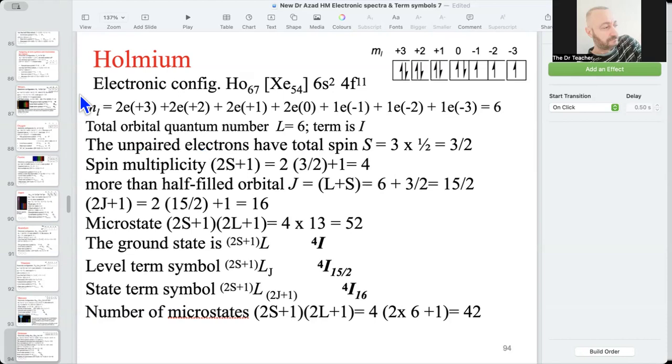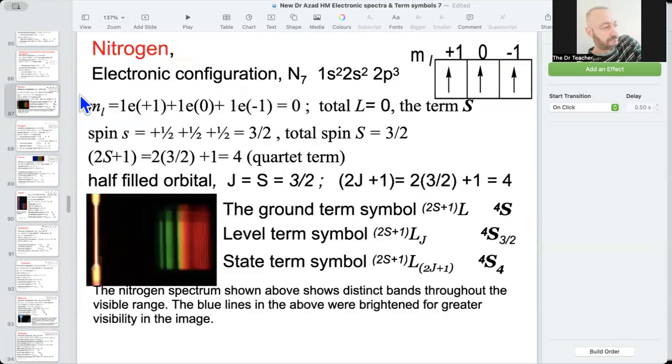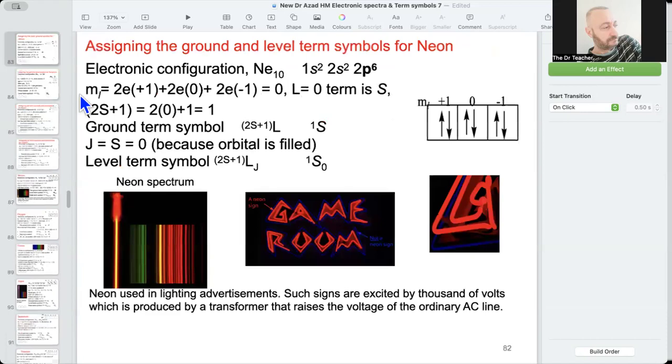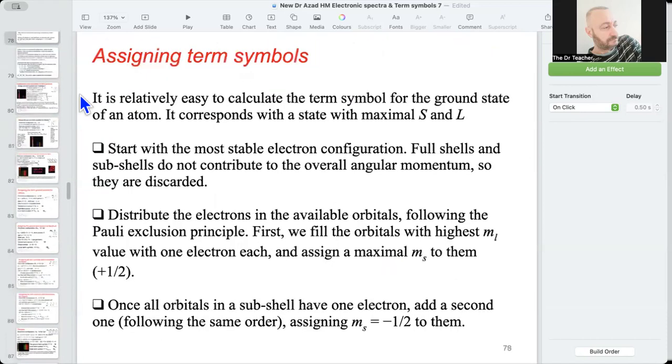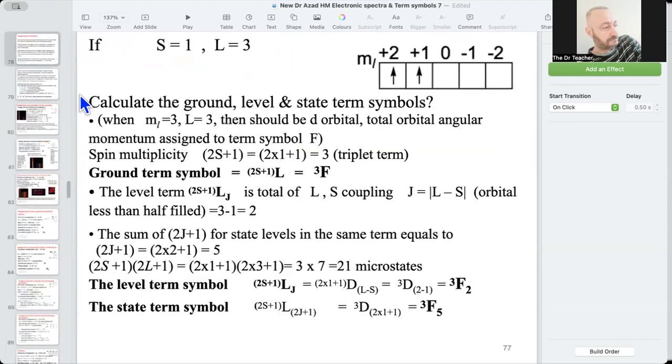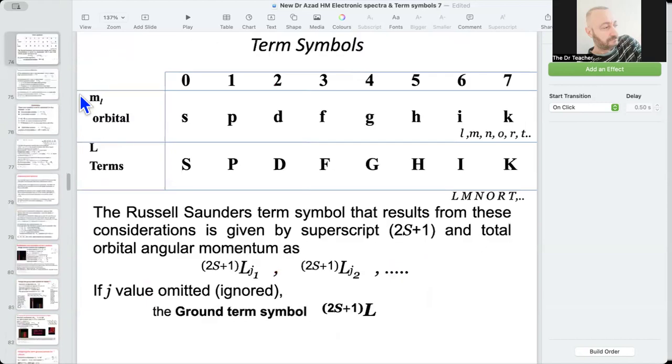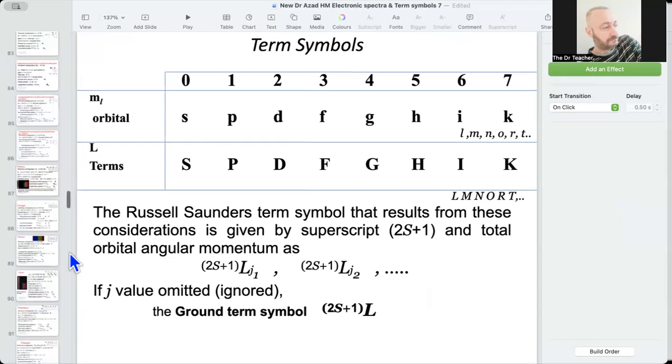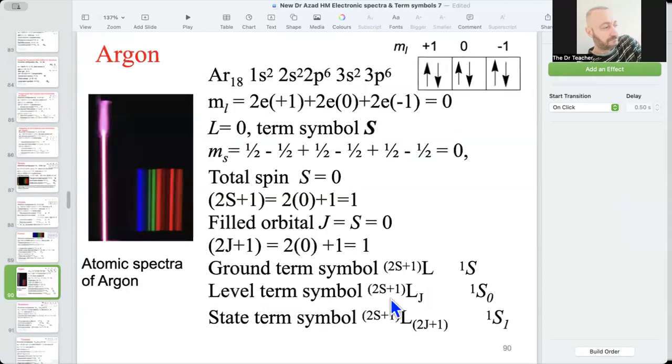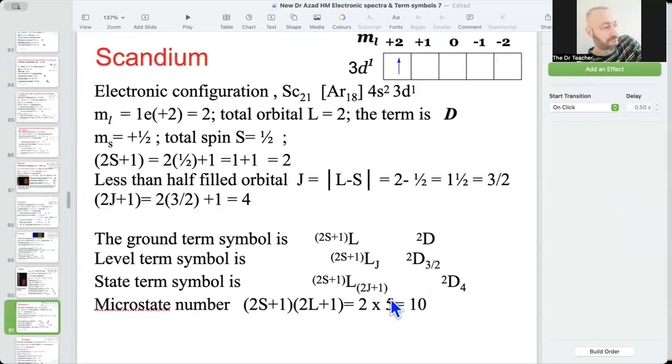This is slide number 90, to see L equals 6. I will go back to remember, just to be precise. These are they: S, P, D, F, G, H, I. So when you have L equals 6, the term will be I. Okay, so we come back here and see it's an I.